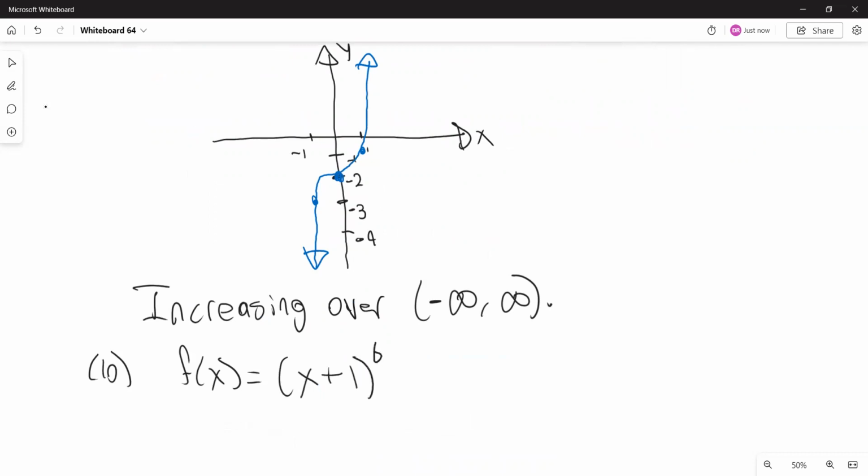And 6 is an even number, so x to the 6th is going to behave like x squared. It's going to be decreasing from -infinity to 0 and increasing from 0 to infinity. But with x plus 1, there's going to be a shift, so those intervals are going to change.